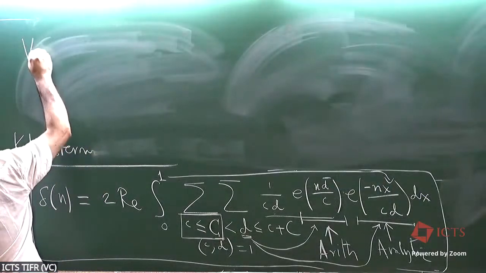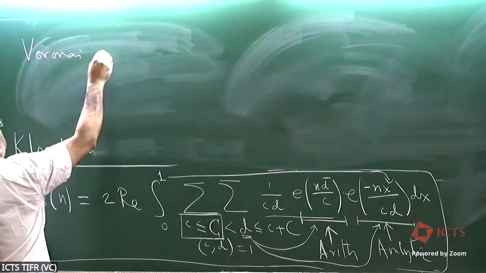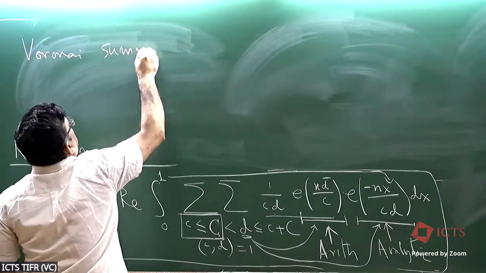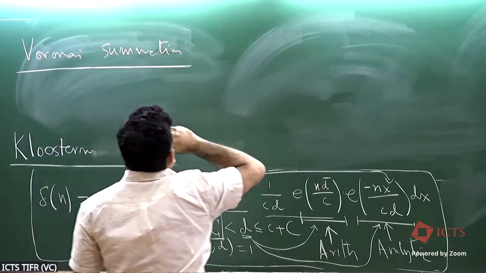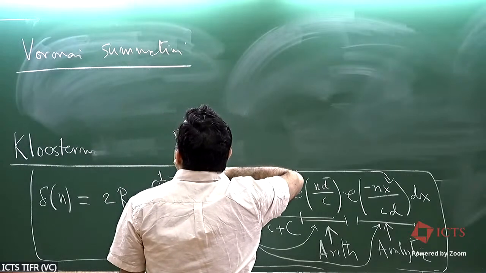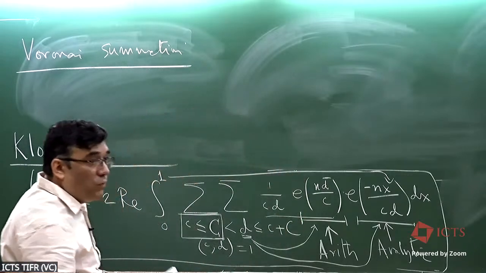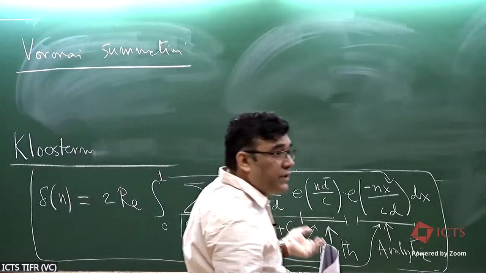So I just explained what Poisson does to a sum, and the next step is the Voronoi summation formula. This is slightly complicated. I'll present a rough sketch of the proof only in the case of holomorphic modular forms.